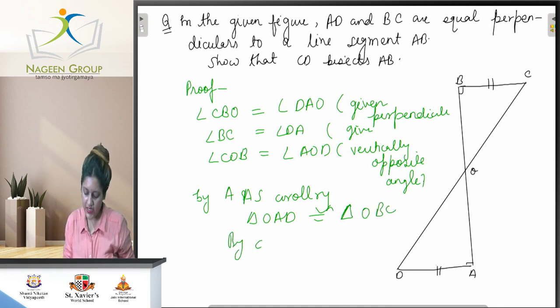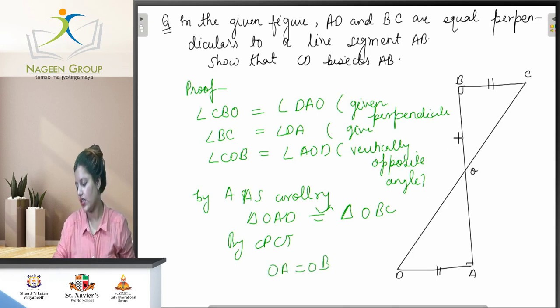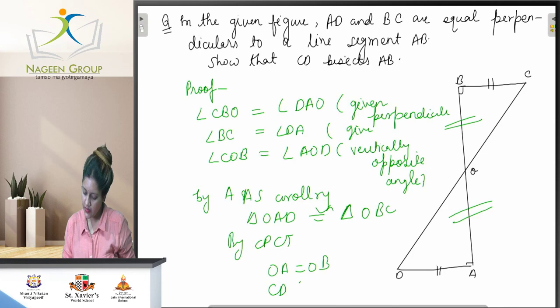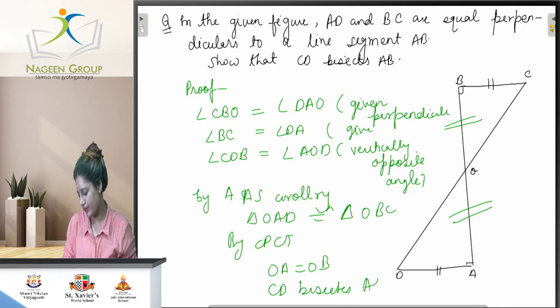So by CPCT, OA equals OB. Means this line is equal to this line. So therefore it is proved that CD bisects AB. Hence proved.